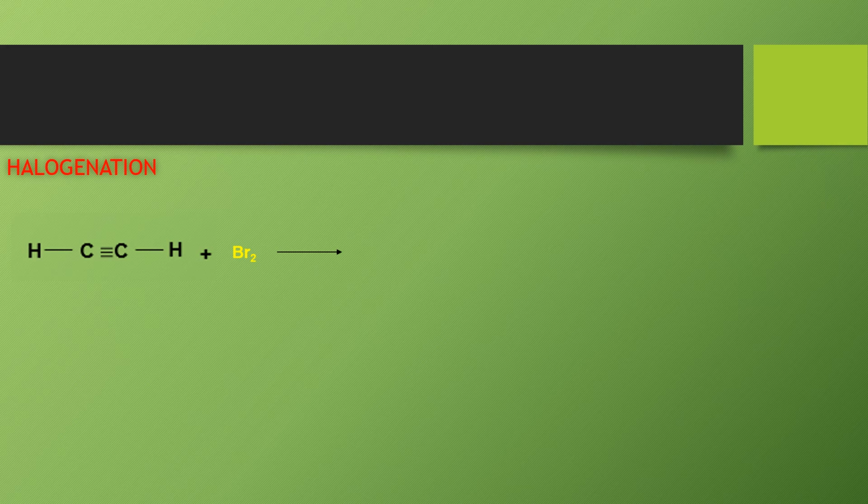So let's look at this particular reaction now. The triple bond is breaking into a double bond. Hydrogen atoms remain the same as they were, but the 4th bond will be occupied by a bromine atom. The same thing is happening here. Now you can see that we have produced a different set of intermediate products.